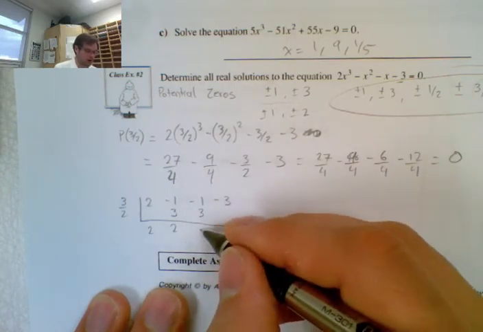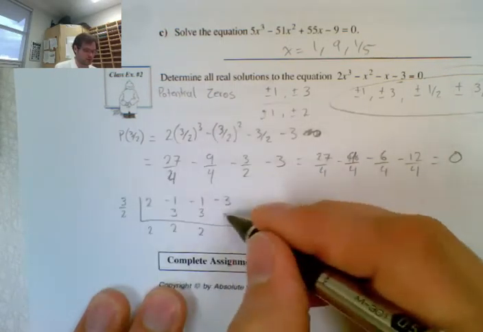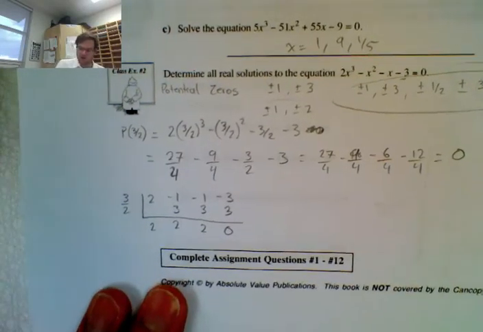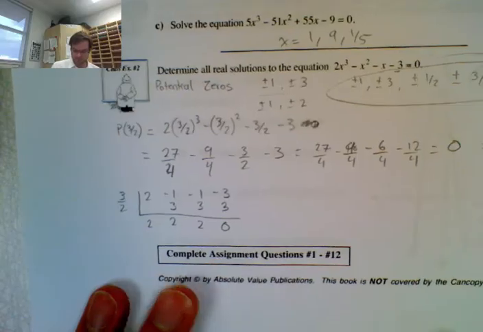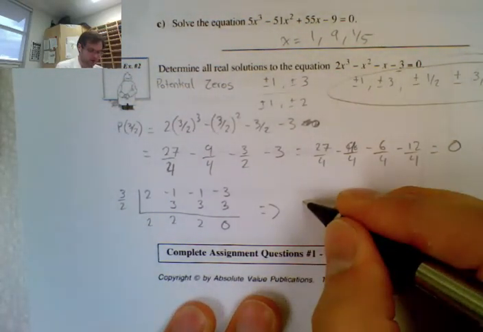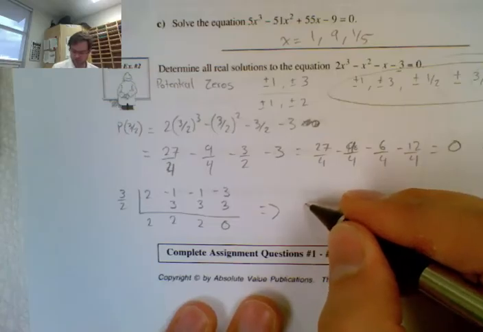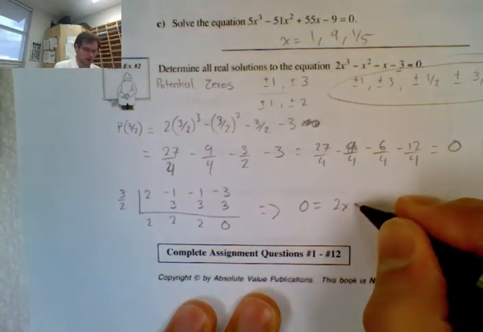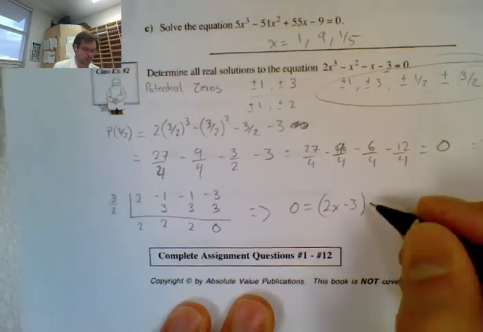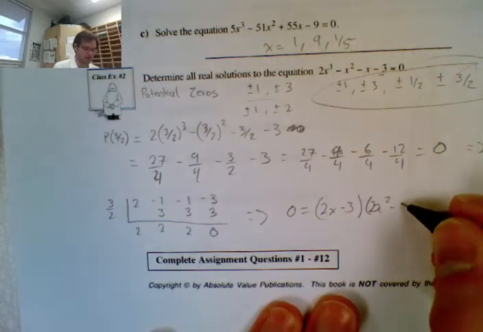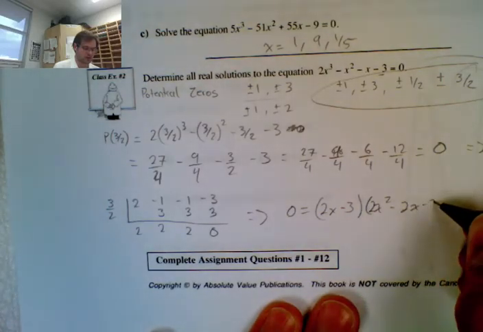Add those together, I'm going to get 2. This is going to give me 3 again. I get 0. Okay? So we know now that P of x, or 0, is equal to 2x minus 3 multiplied by 2x squared minus 2x minus 2.